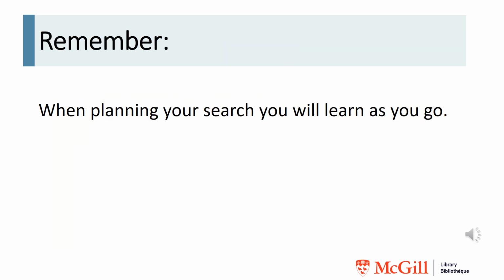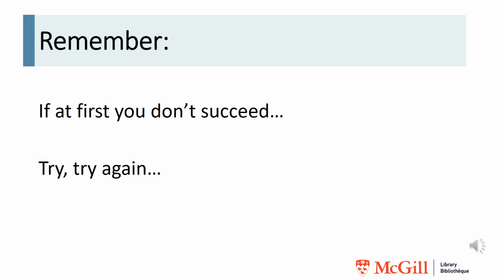Remember, right now we're just planning our search, and we're going to learn as we go. So if you don't succeed right away, try again, try another word. That's why you thought of maybe more than one way to say something.